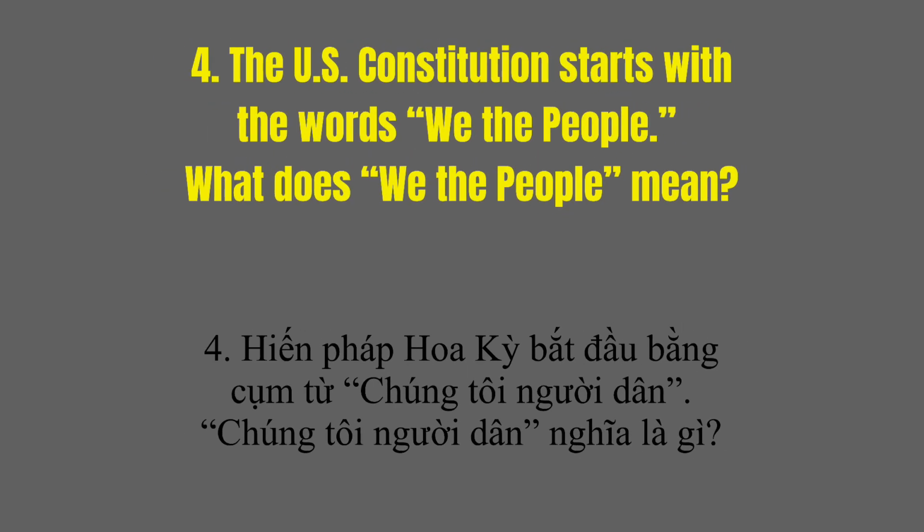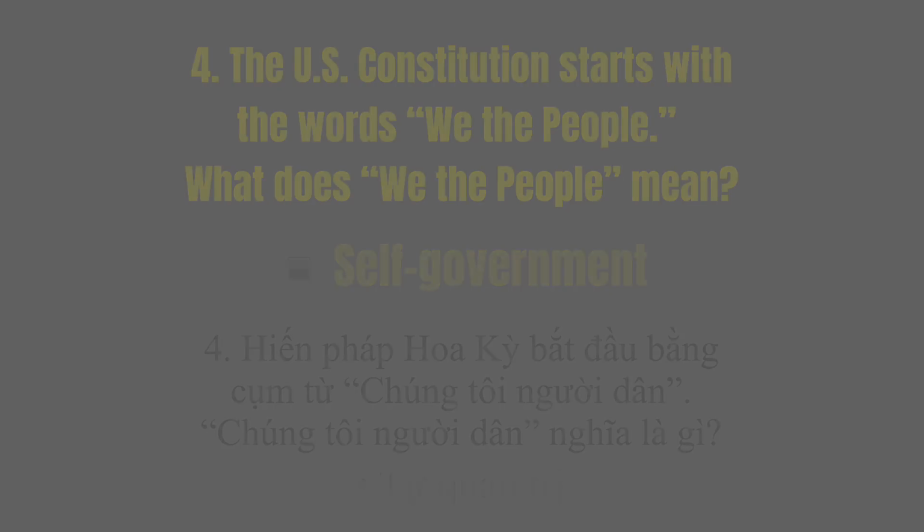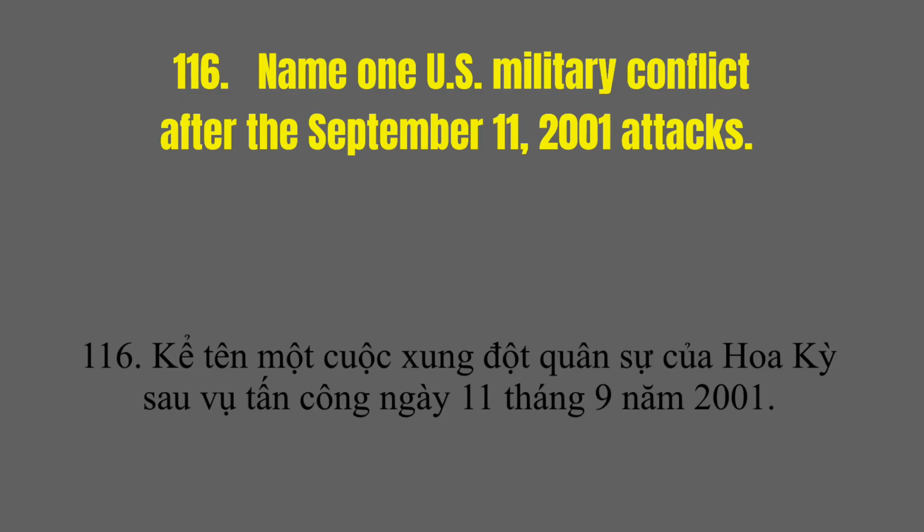The U.S. Constitution starts with the words, "We the people." What does "we the people" mean? Self-government. Name one U.S. military conflict after the September 11, 2001 attacks.